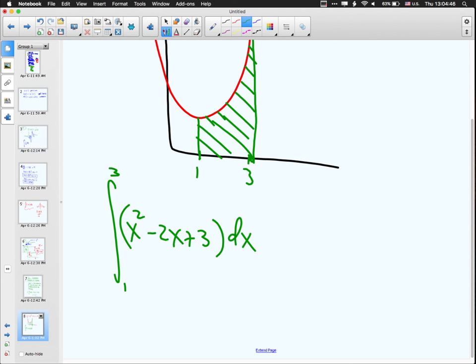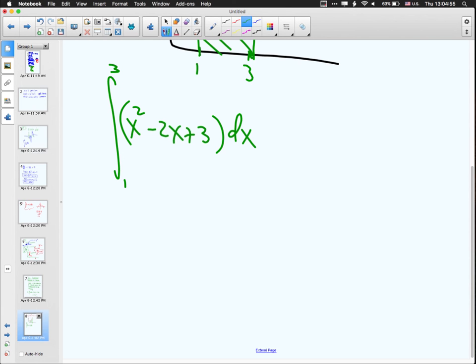Okay, according to the fundamental theorem of calculus, we should be able to find the antiderivative of this thing, evaluate it at 3, plug 3 in, and evaluate it at 1, and subtract those two things, which gives the area.